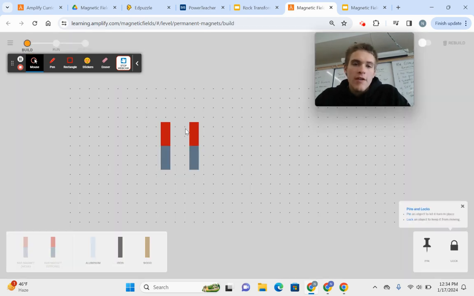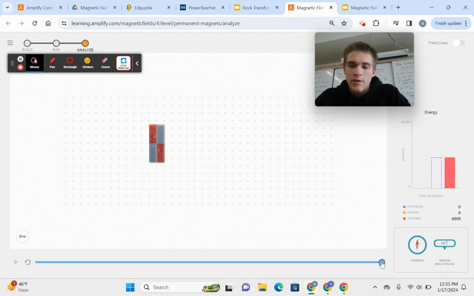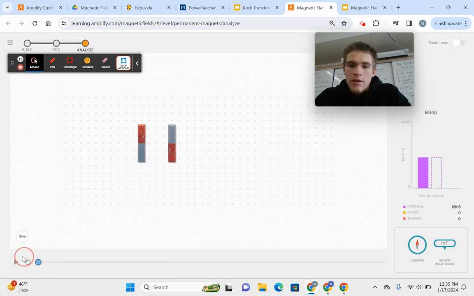If I go back, though, and I build two similar magnets, at first when I hit run, when they're very close together, the potential energy is 6,505 joules.